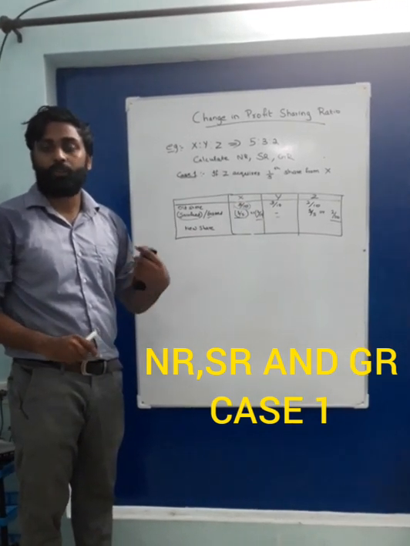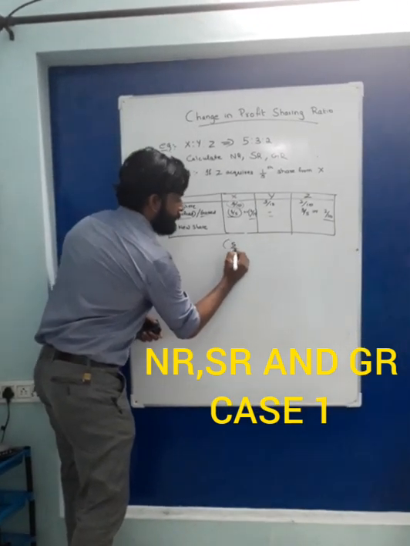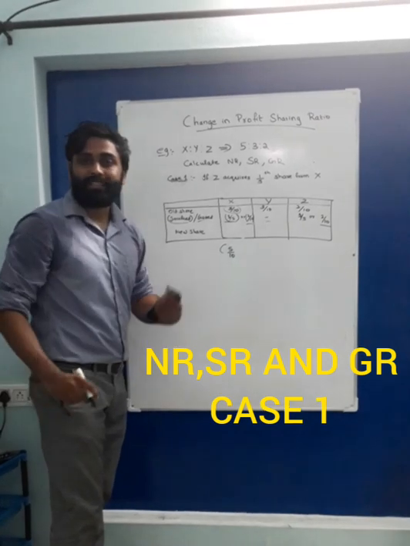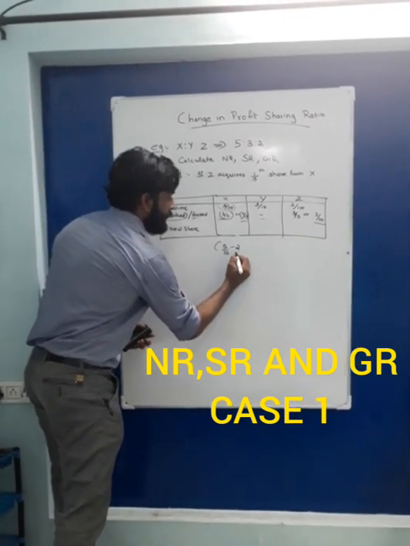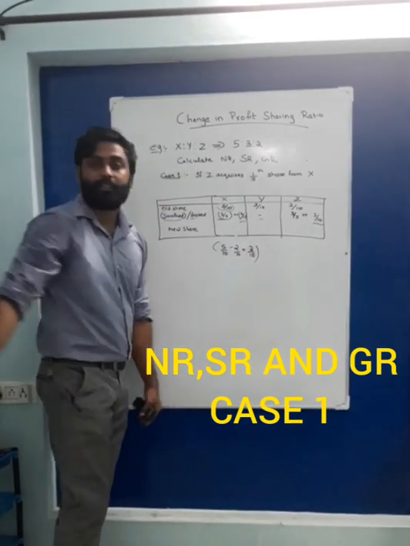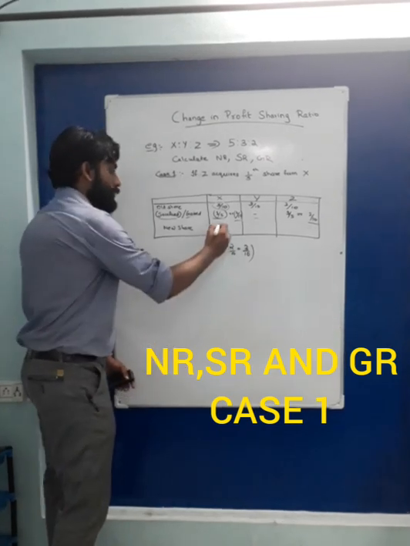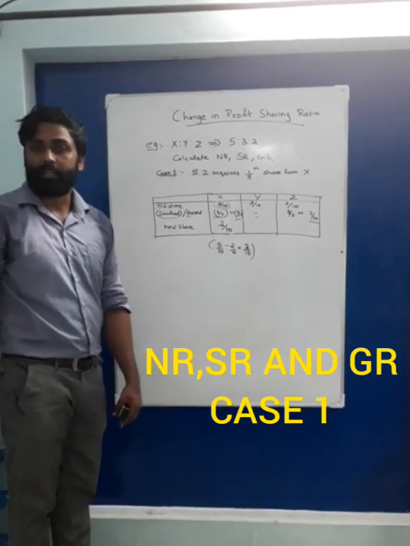So X sacrificing 2/10 and Z gaining 2/10. What is the new share? Earlier X had 5/10. Now he sacrificed, so his share reduced by 2/10, and the remaining share is 3/10. So the new share of X is 3/10.